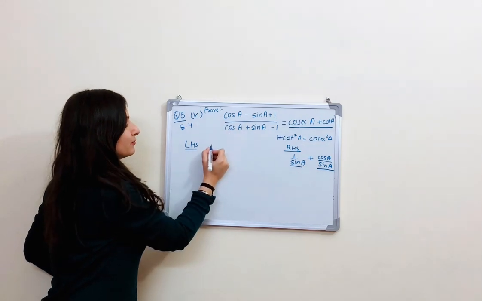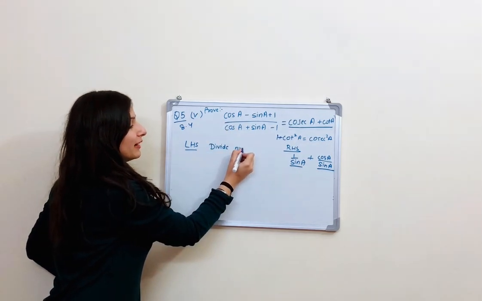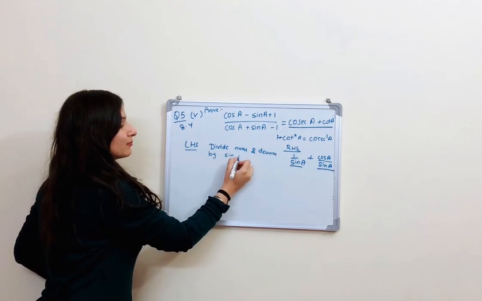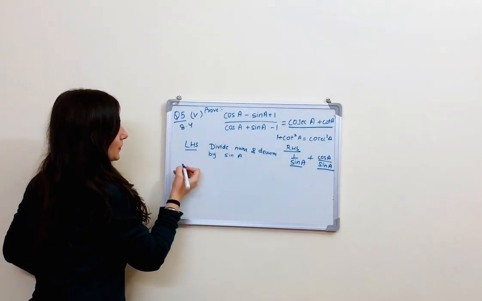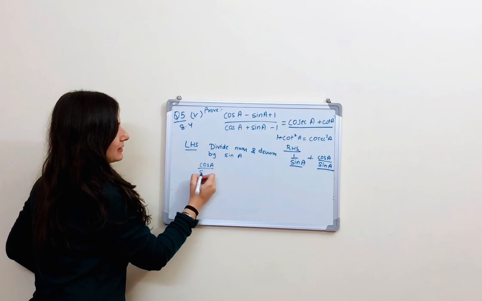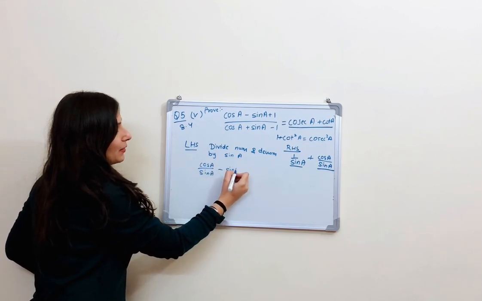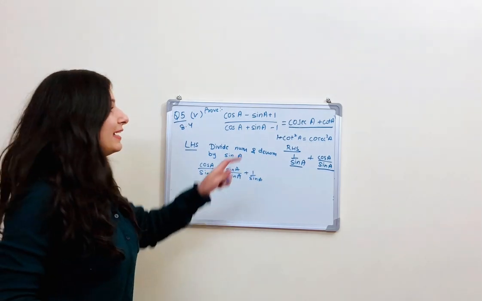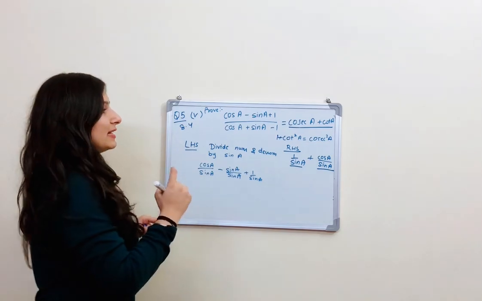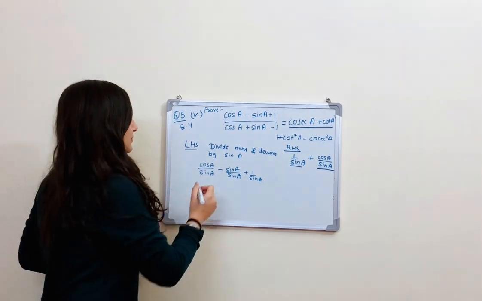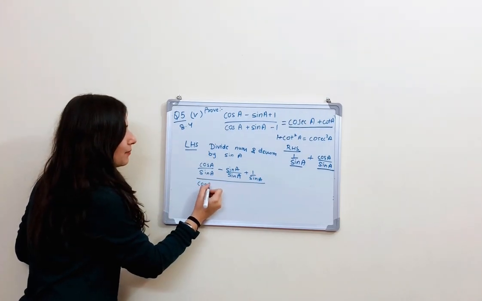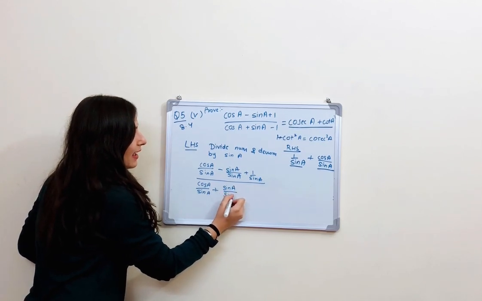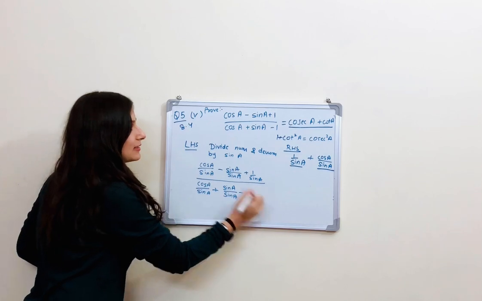So let's divide numerator as well as denominator of LHS by sin A. This will give us cos A by sin A minus sin A upon sin A plus 1 upon sin A. Here I am dividing each term individually with sin A, because then only I will get cosec as well as cot A, upon cos A plus sin A plus sin A upon sin A again minus 1 upon sin A.